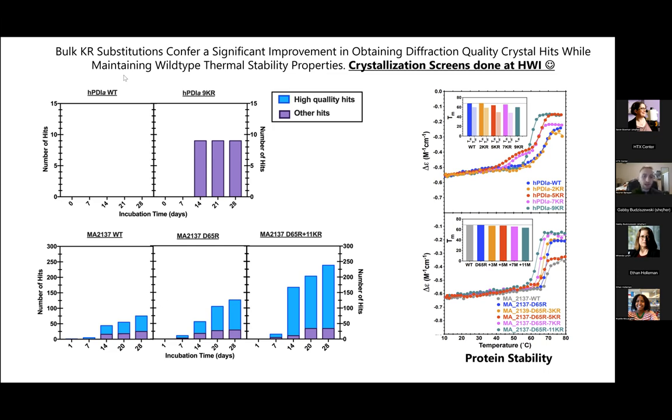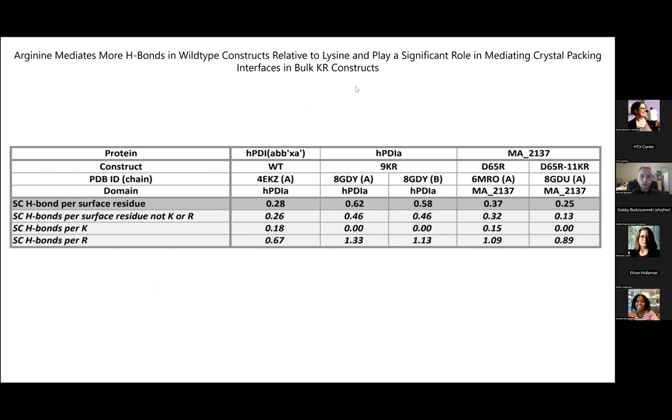So up top, you can tell that after a month, the native structure of HPDIA had no crystals, but after a month, the 9K to R substitution construct had nine crystal hits that were of diffraction quality, right? And for the bottom one, the more lysine to arginine substitutions we added, the more crystals we got.